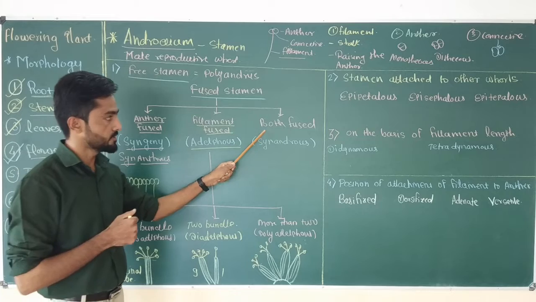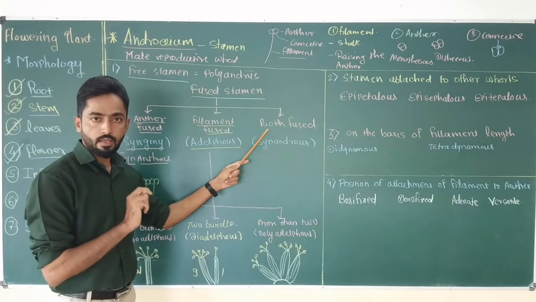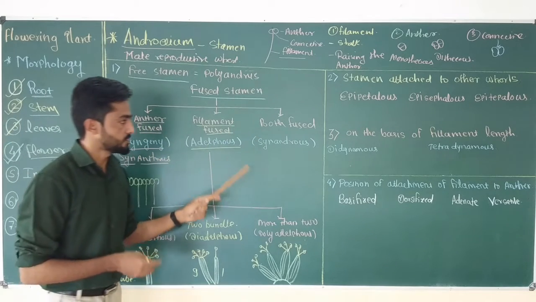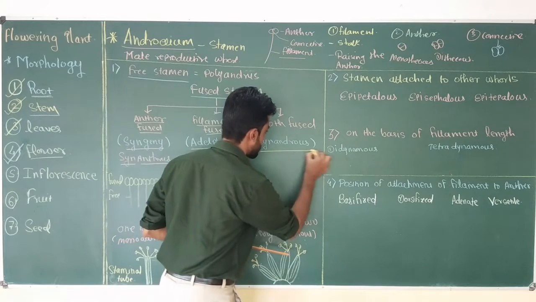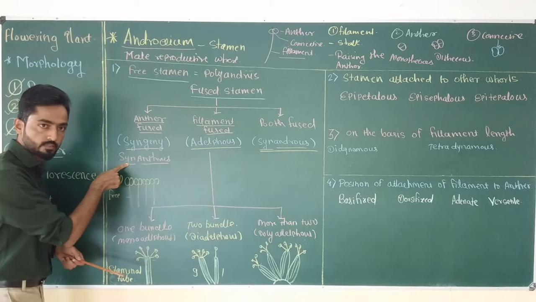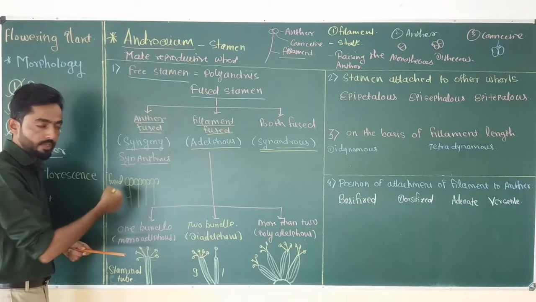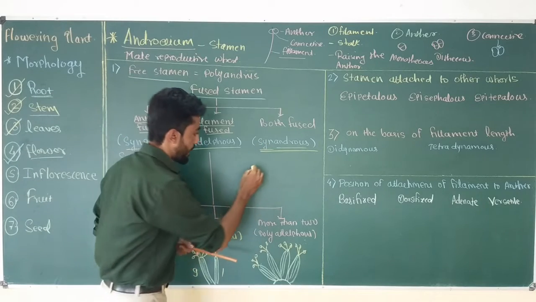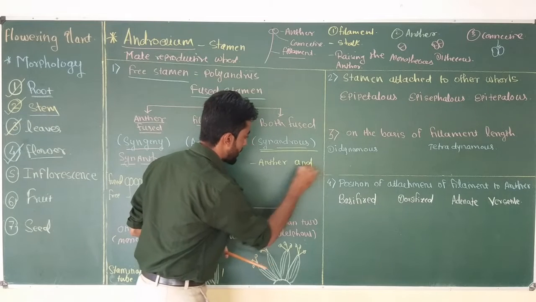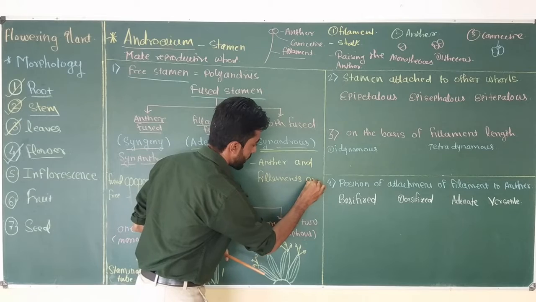Now, the third case is when both are fused. That means filaments and anthers are fused with one another, and such condition is called synandrous. Syn means fused and androus refers to the androecium. In the syngenesious condition only anthers are fused and filaments are free, but in this case both anthers and filaments are fused.